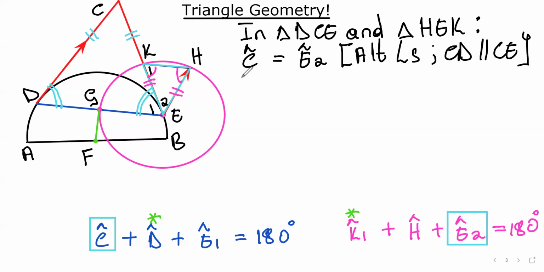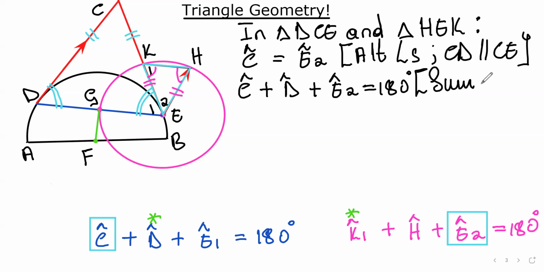So we are still going to say the same thing. We write it officially. We go to the first triangle first. We say, if we take those ones and we add them up, the answer is 180. Of course, you'll finish the reason: sum of interior angles of a triangle. But we know something. What is that? We know that angle D is equal to angle E1.